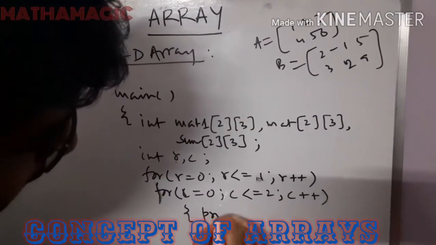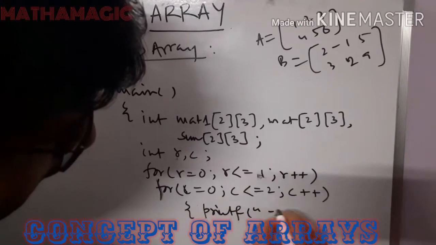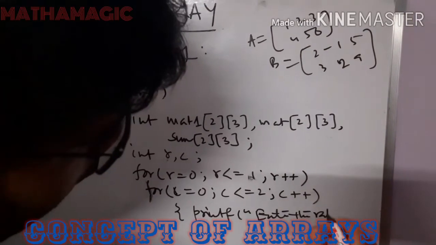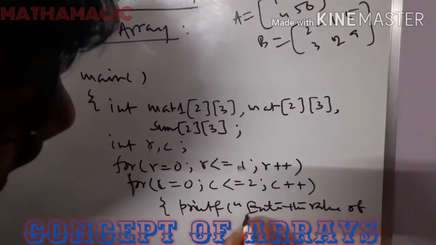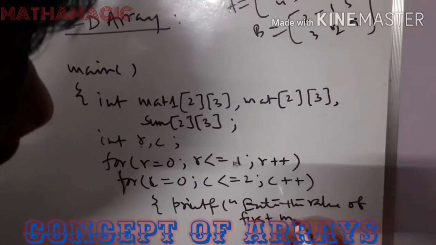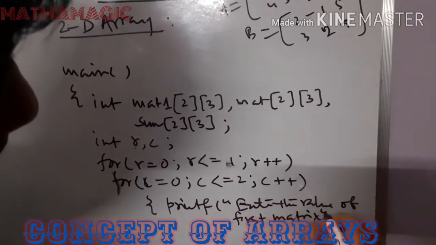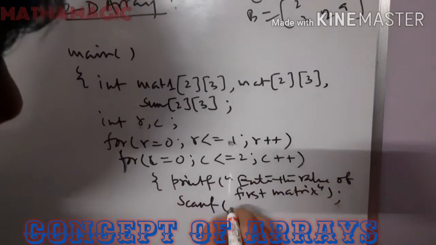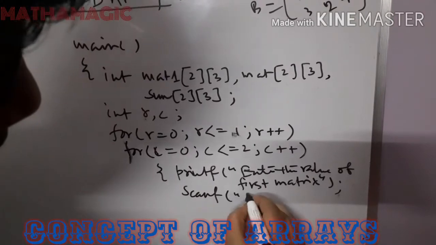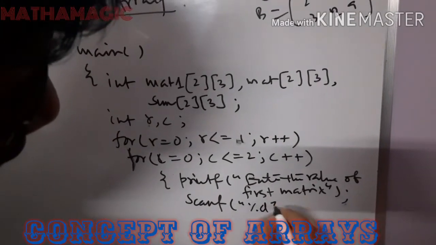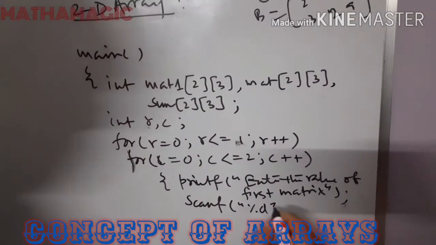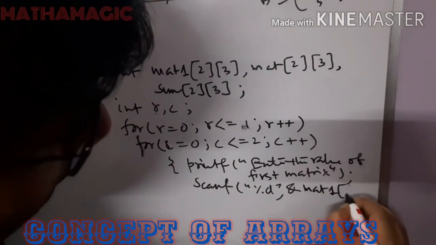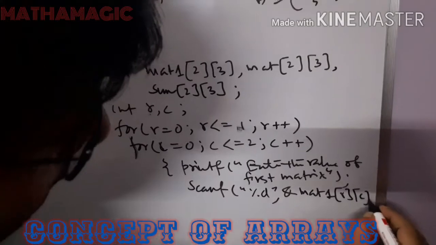Now printf enter the value of first matrix. Just do it like this and store: %d comma ampersand mat1 rc.